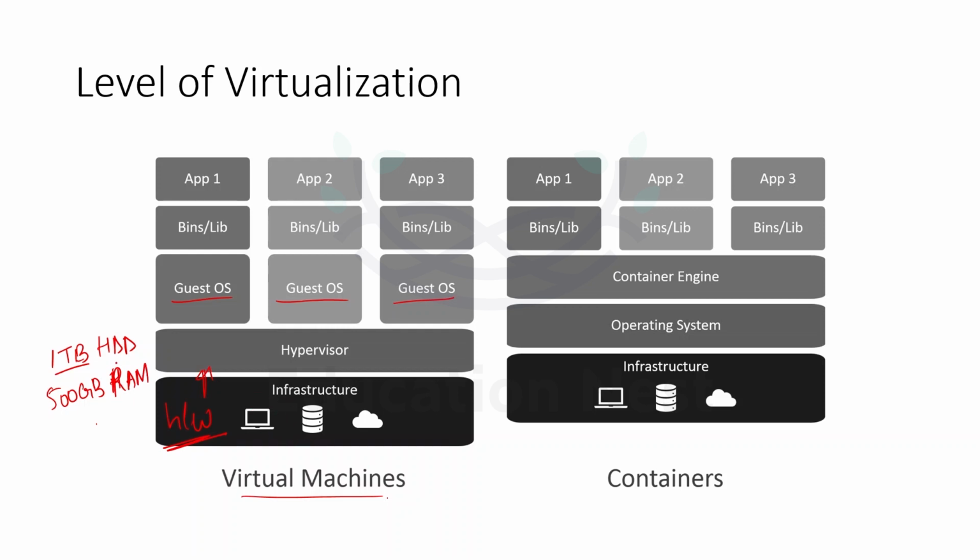This entire infrastructure has the capacity of 1 TB HDD and 500 GB of RAM. So what the hypervisor will do is divide this into different virtual machines. Let's say I have one guest operating system of Windows. This can be, let's say, Linux, and this can be Mac.